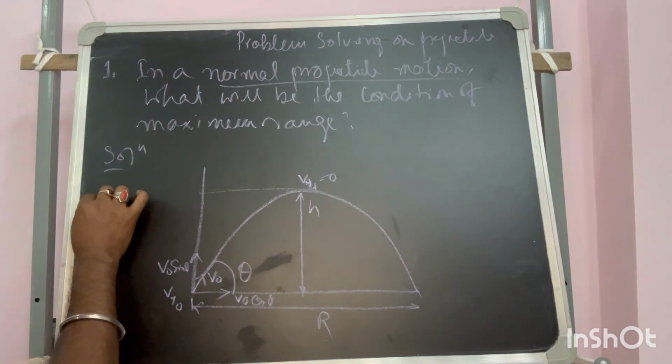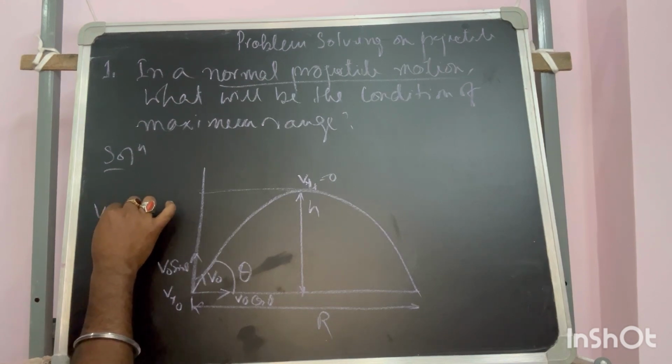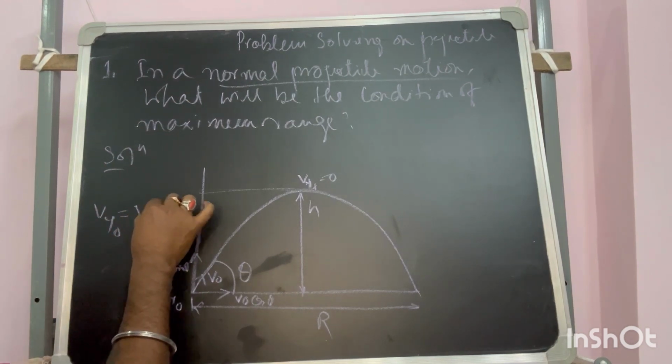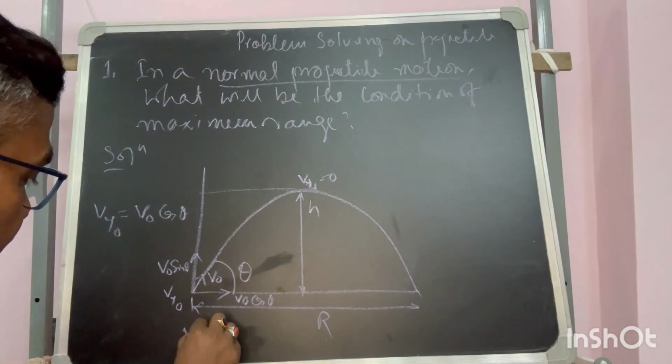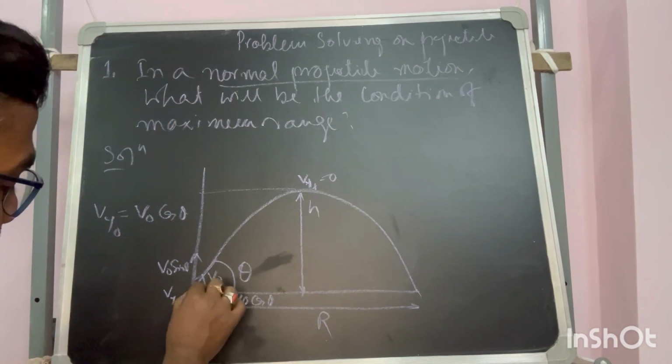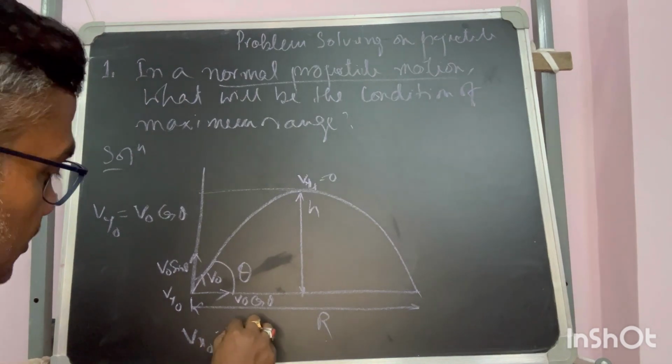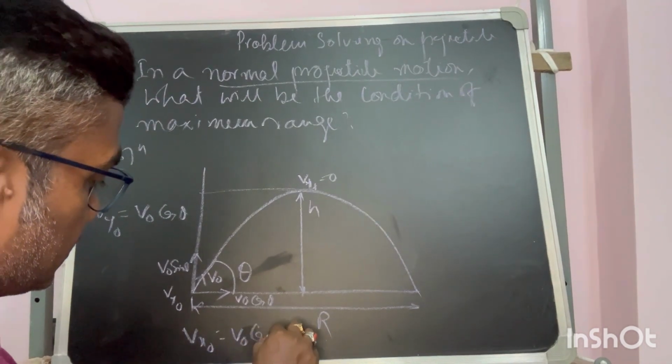So what we can correlate: vx0, that is, the initial velocity in the x direction, will be v0 cos theta.